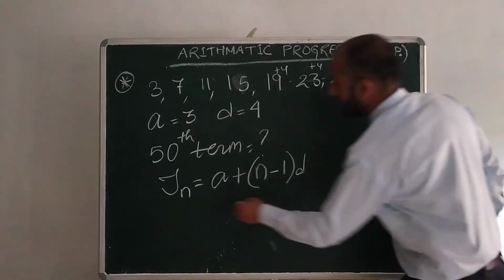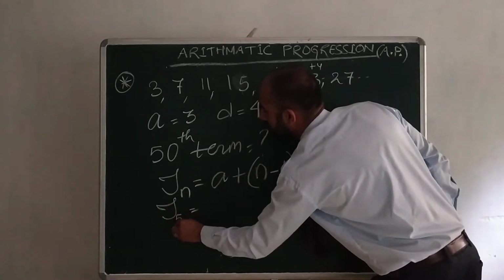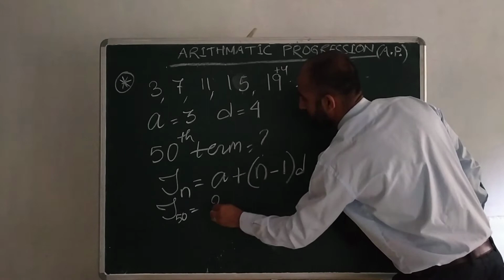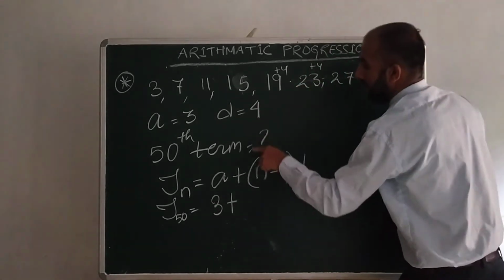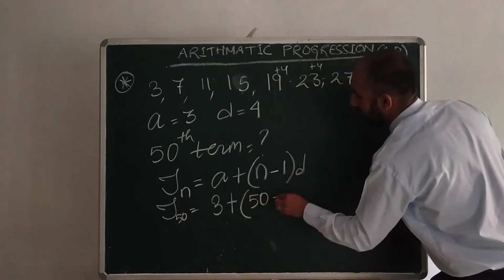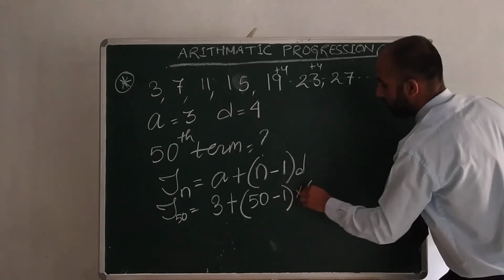Okay, let us find what will be the 50th term of this AP. So we know we are going to find the 50th term. A we know is 3, plus n, that is 50, minus 1. We have common difference as 4.